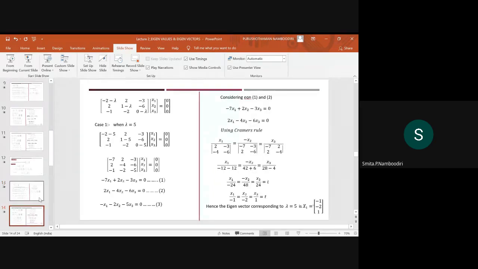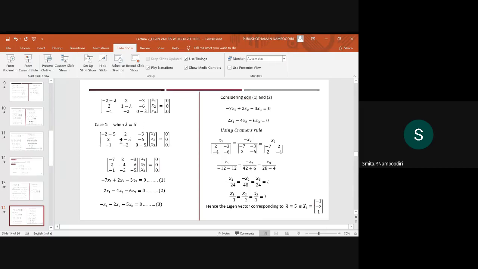Putting lambda equal to 5. When lambda is 5, minus 2 minus 5, 1 minus 5, 0 minus 5.